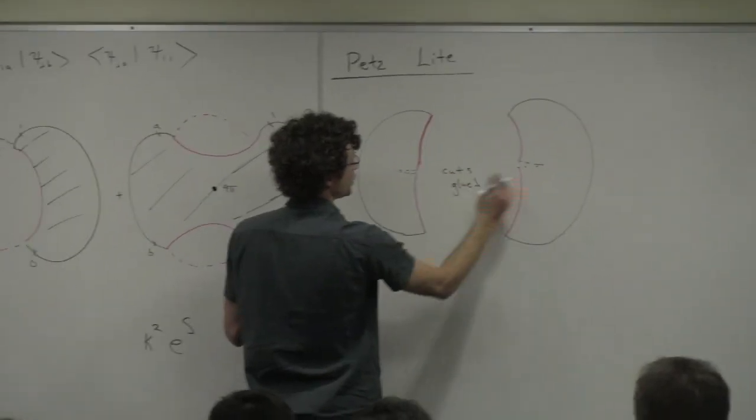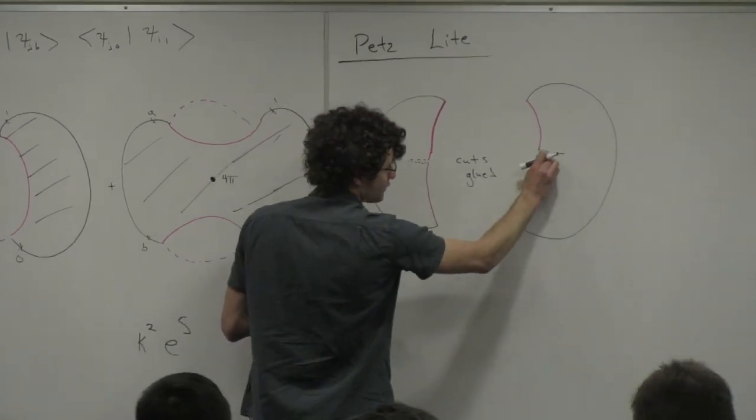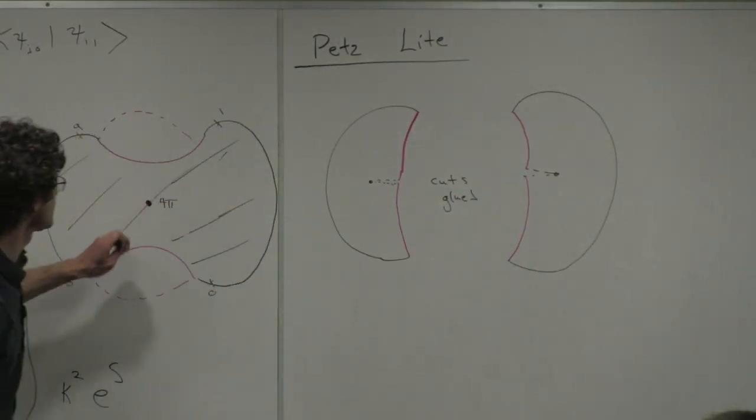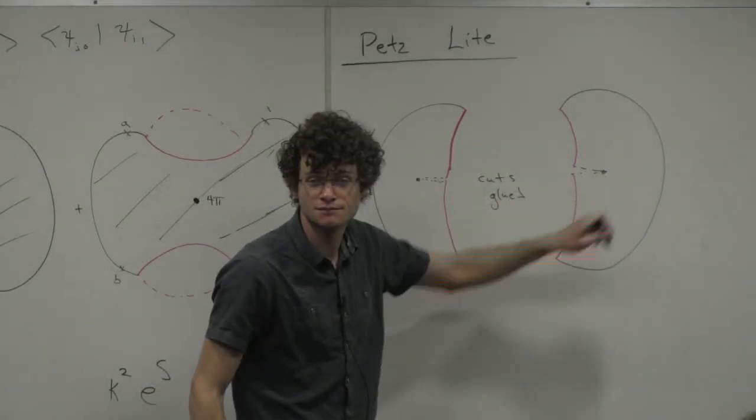If you take these 2 geometries here and glue them together, the top of this cut to the top of that cut, the bottom of this cut to the bottom of that cut, then you're going to make a geometry that looks like this with a 4 pi conical excess at this point.